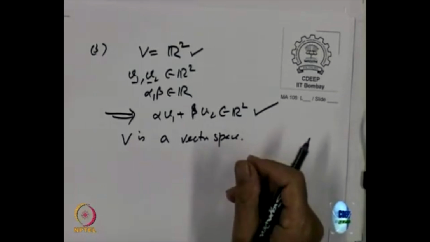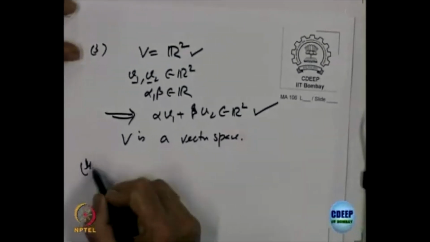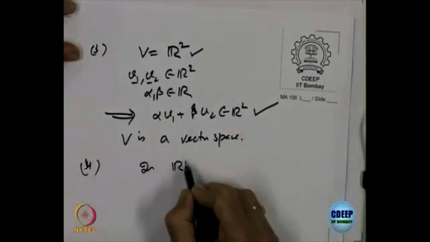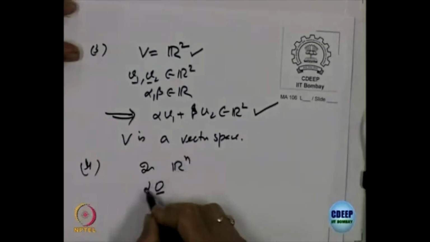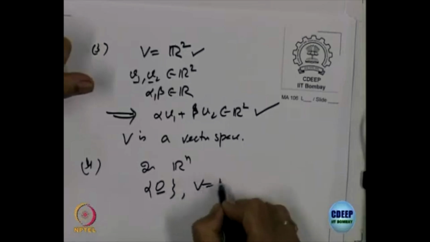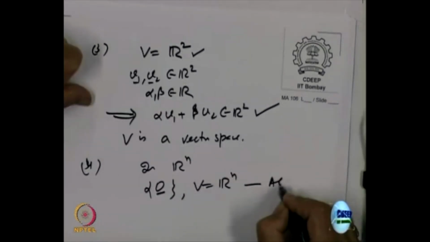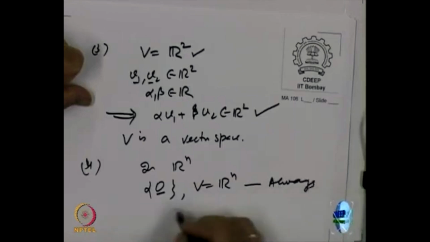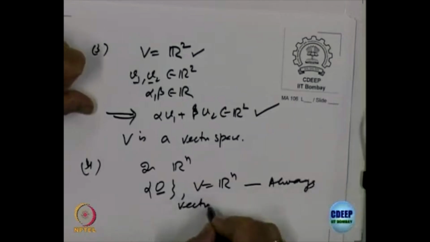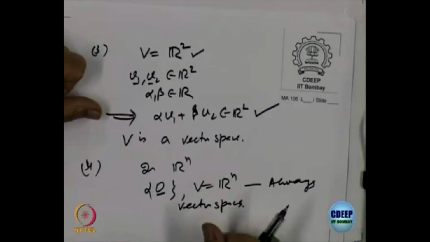So in Rn, you can write generally, look at the 0 vector and look at V equal to Rn. These are always vector spaces, right? So these are called trivial vector spaces.